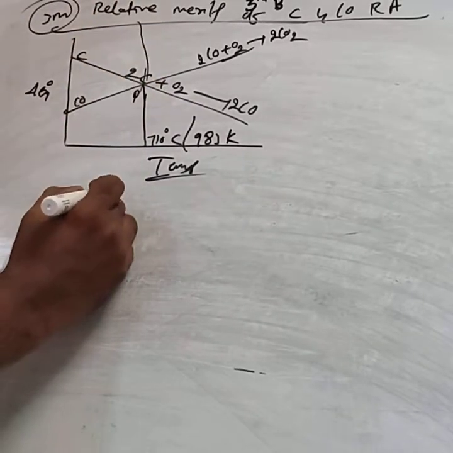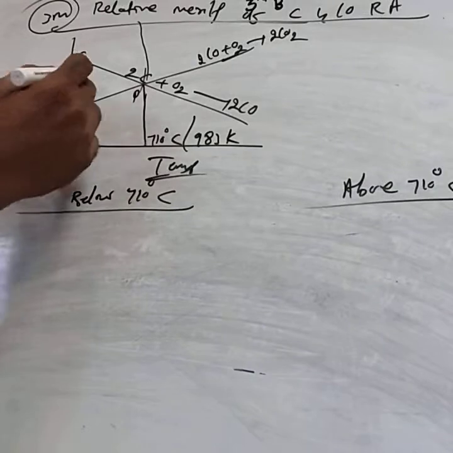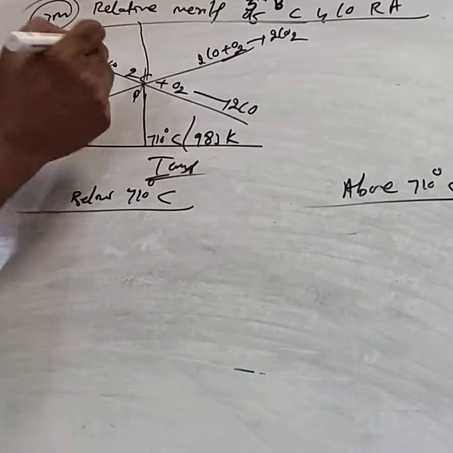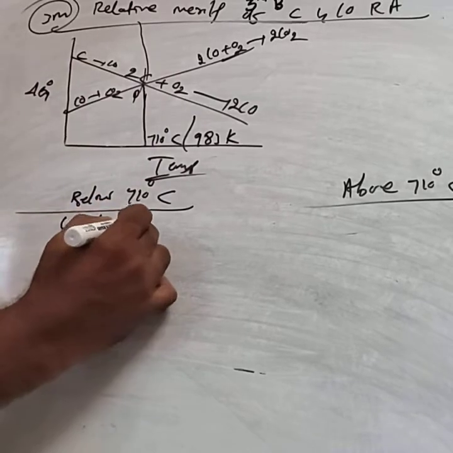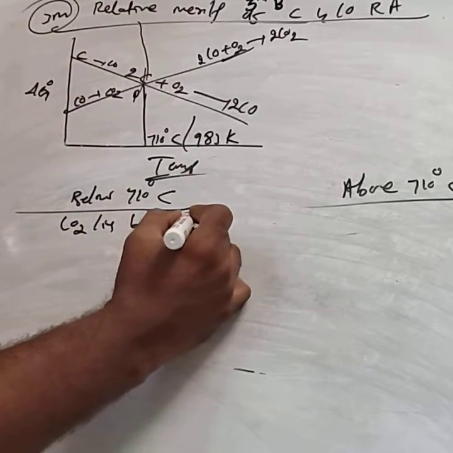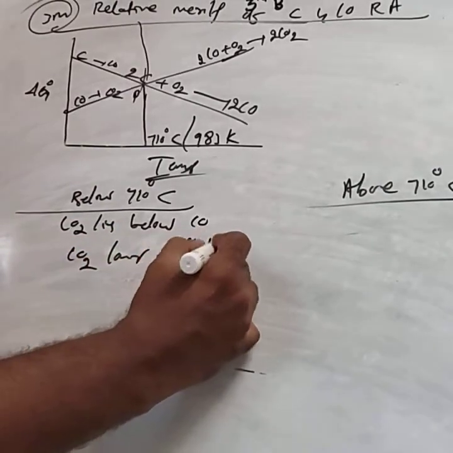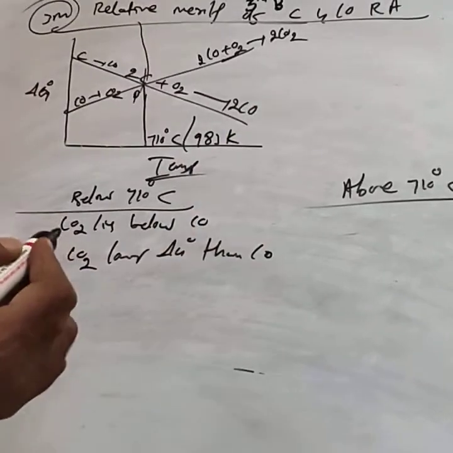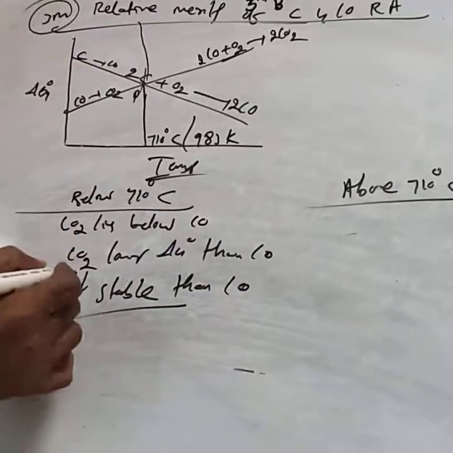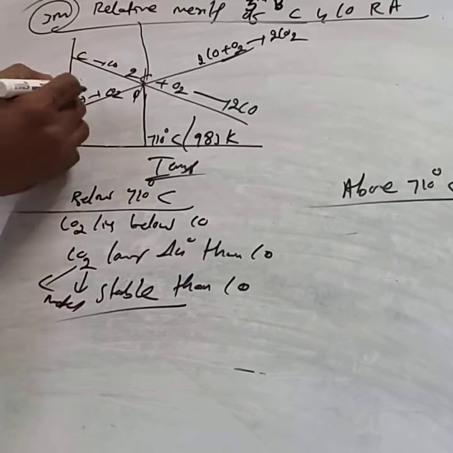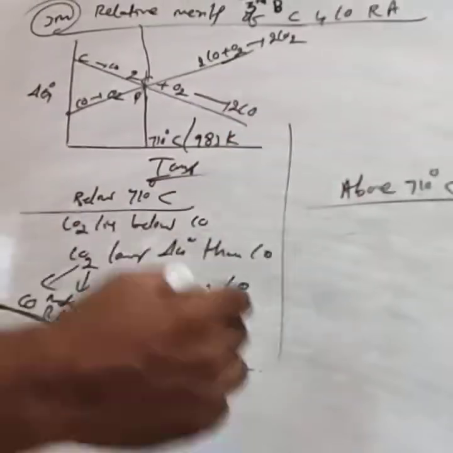Below 710 degrees Celsius, out of C to CO and CO into CO2, CO2 lies below that of CO. CO2 lies below means CO2 has a lower delta G naught than CO, which means CO2 is more stable than CO. CO2 being more stable means CO acts as a reducing agent below 710 degrees Celsius.